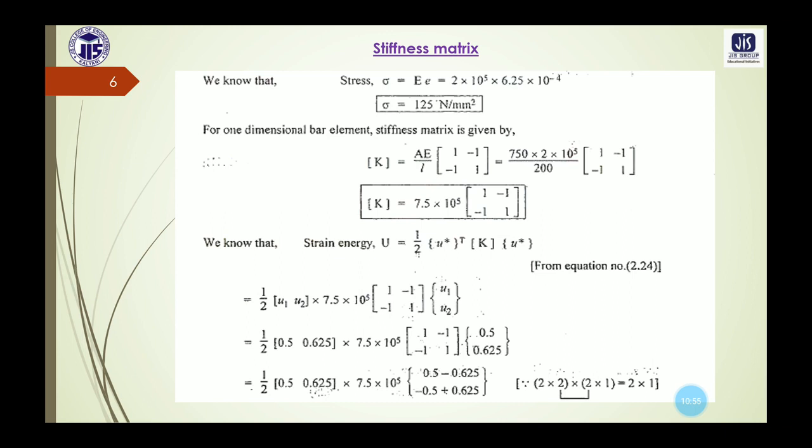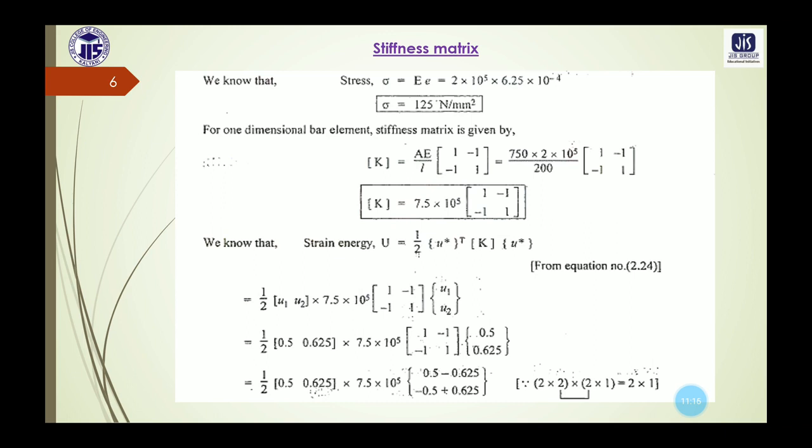Now the values of U1 and U2, that is the nodal displacements at nodes 1 and 2 for the bar element, are given as 0.5 and 0.625. That is, the value of U1 is given as 0.5 and the value of U2 is given as 0.625.